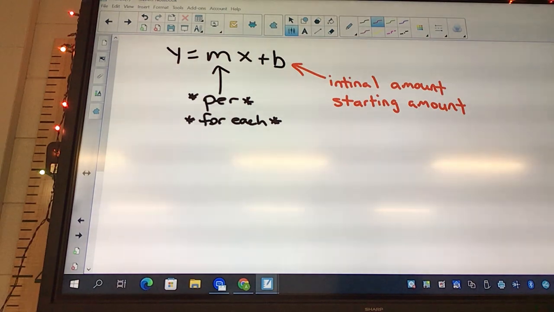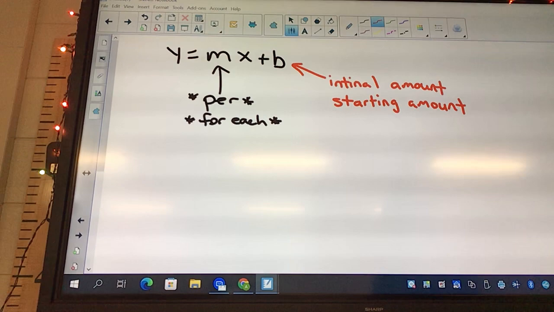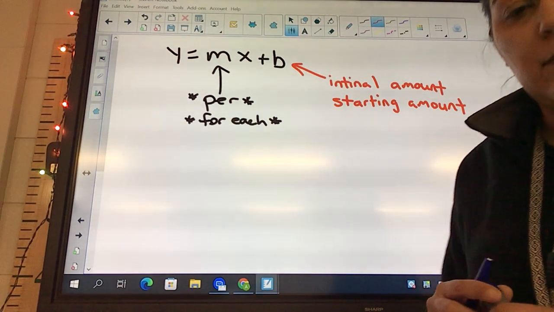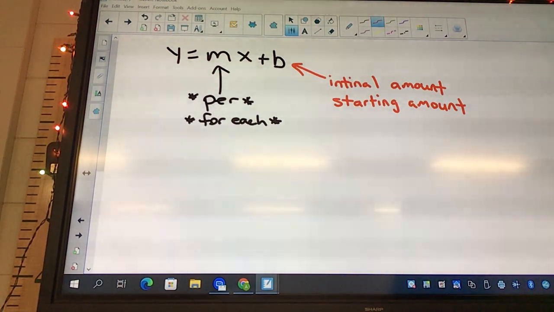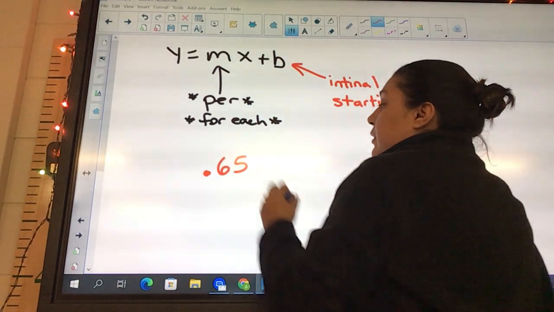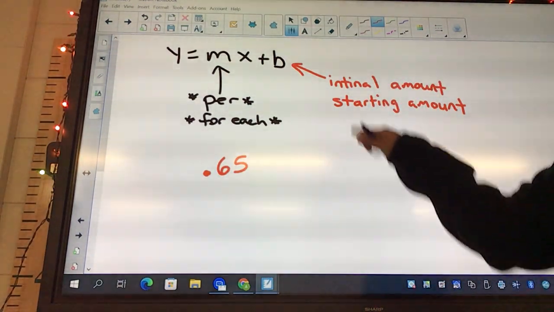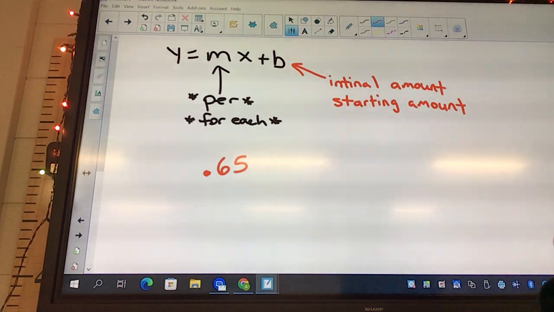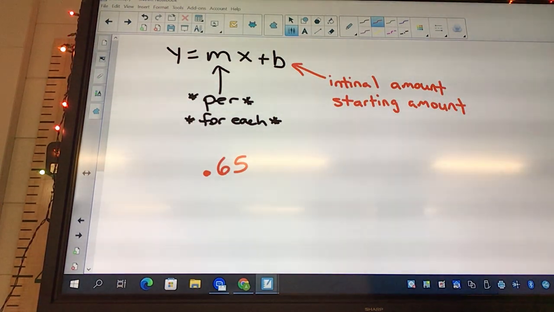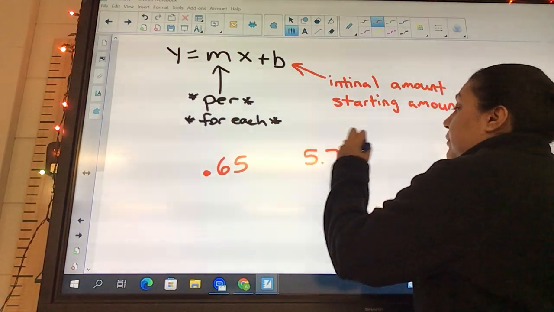It says the price P of a sub sandwich is $5.75 plus 65 cents for each additional topping T on a sandwich. So what is our for each, or our per? 65 cents. So where the m is at, we're going to put 0.65. Then, what's your initial amount? 5.75.